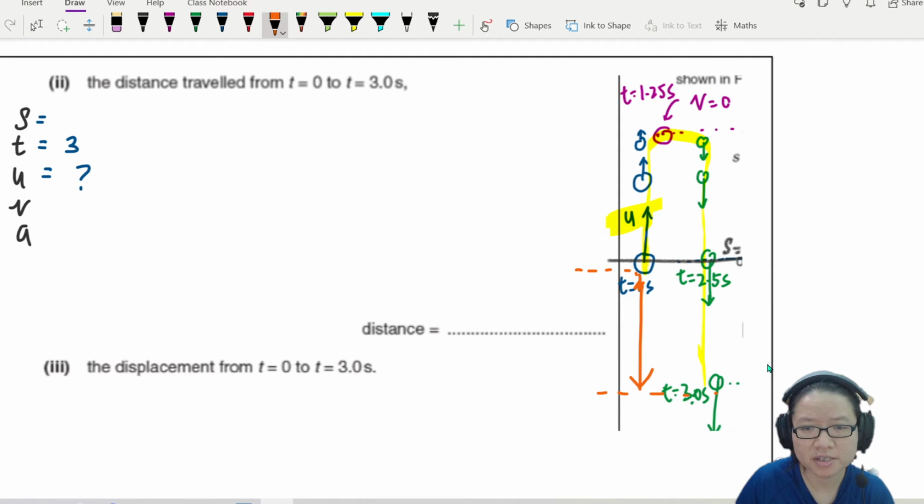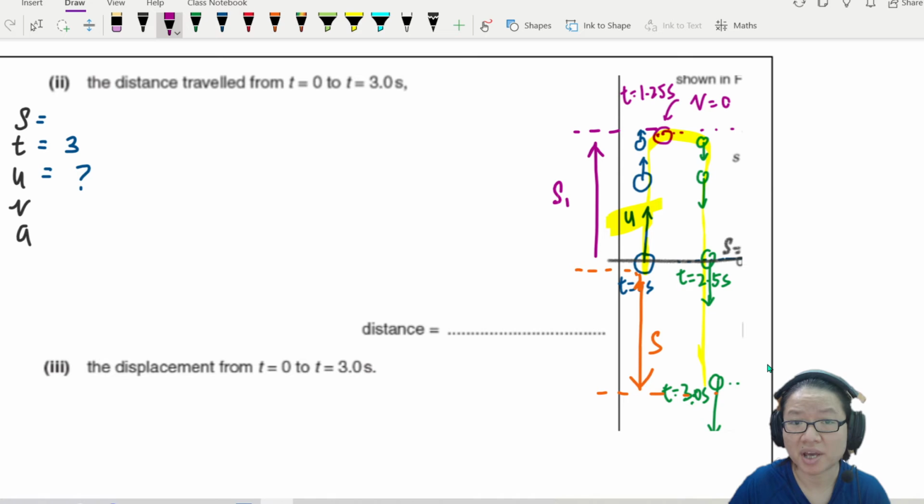In fact, s is a vector, so this is negative s. So it doesn't work. What we need to do is we need to find the distance from here to here. Let's call this S1. Okay, and then we times 2. Because you go down, it will be negative S1. And then we need to find the distance from here to here, which is S2.